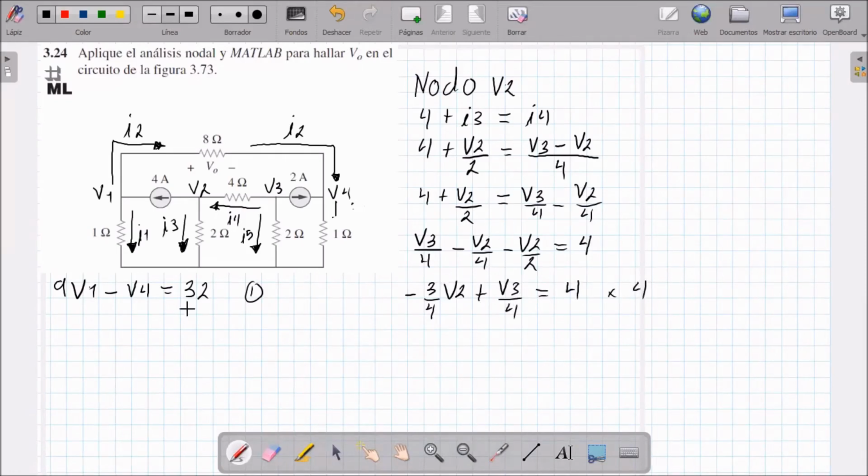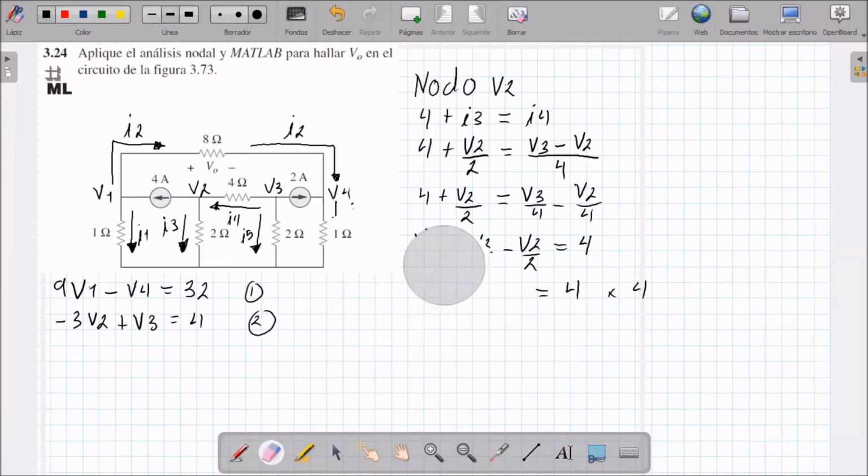If I multiply by 4, I will have minus 3V2 plus V3 is equal to 16. This is my equation number 2.